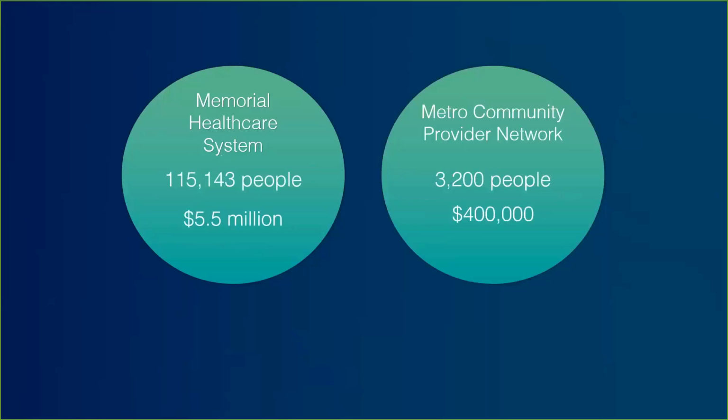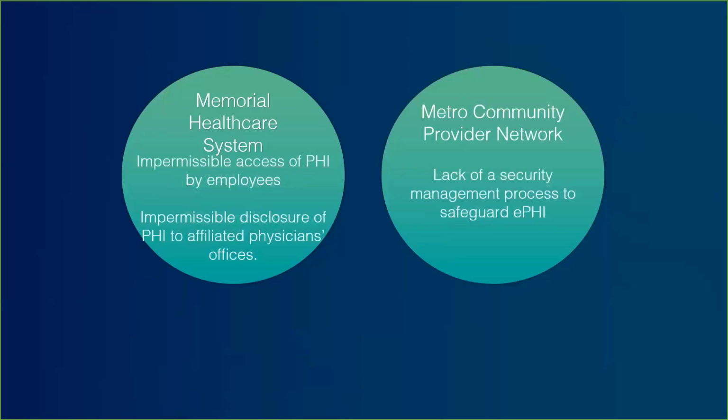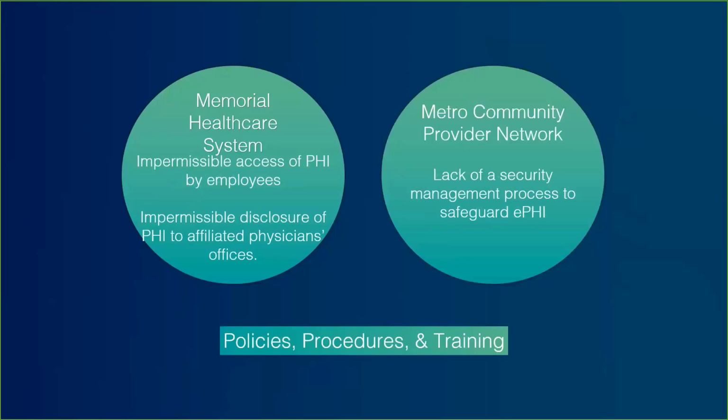Now, if I were to put up those reasons again, so we've got the impermissible access, impermissible disclosure, lack of security management processes. If we had to summarize a category of preparations or precautions that everyone could take to try and ensure that they do not fall into this bucket and they do not have this kind of violation, I would sum it up as policies, procedures, and training.